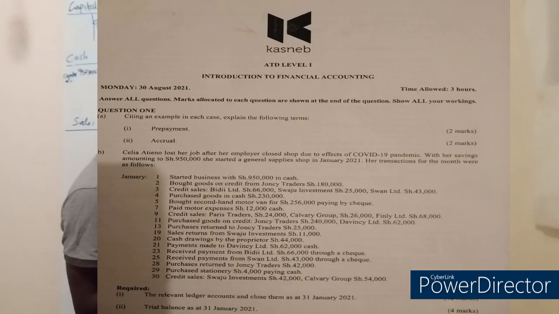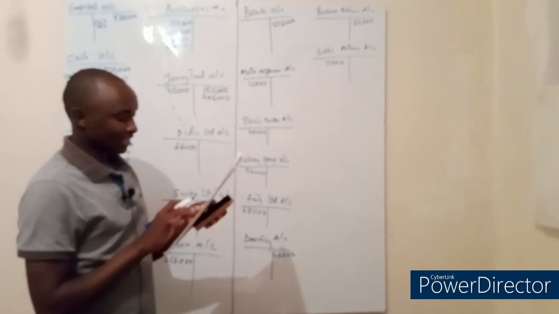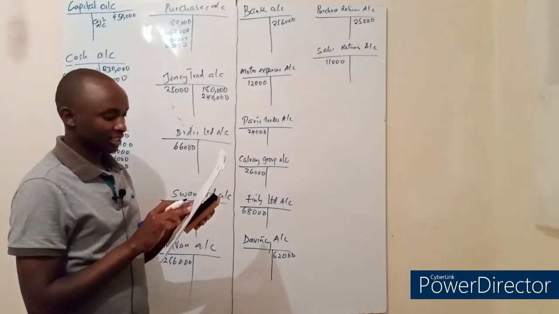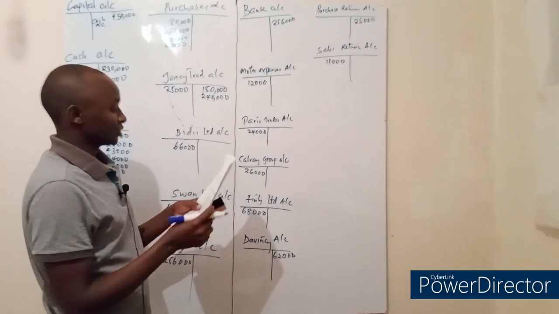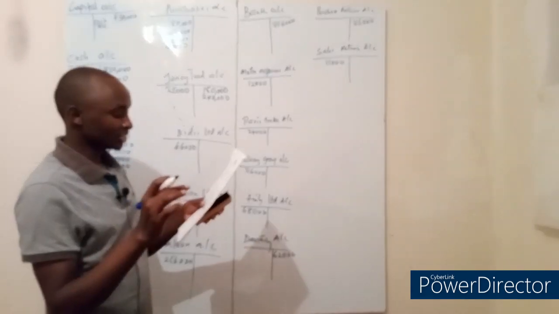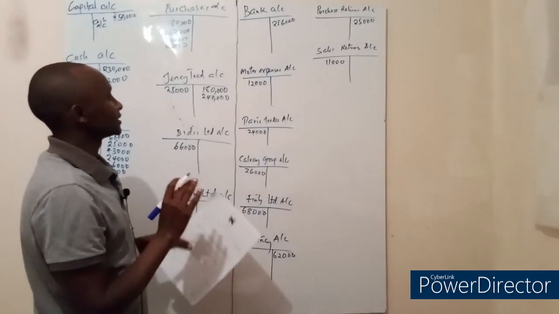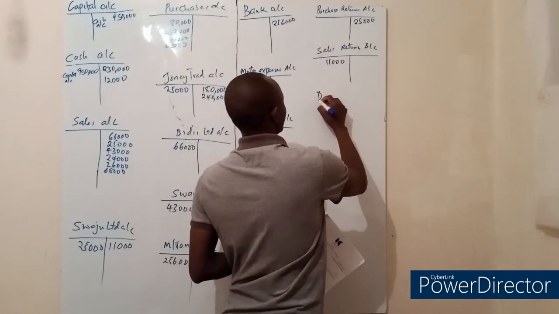January 20th. Cash drawings by the proprietor worth 44,000 Kenya shillings. So Celia Atieno is the proprietor and she is drawing some cash, maybe for personal use. So we have cash drawings, meaning the drawings account and the cash account are affected, isn't it? We open the drawings account.